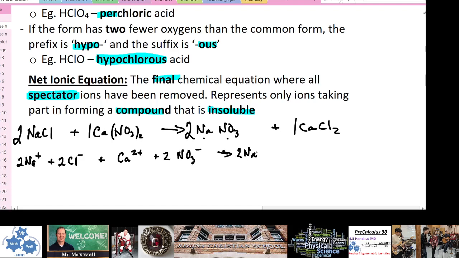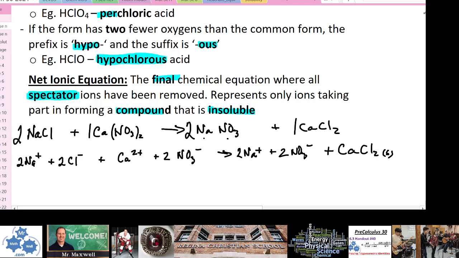So 2Na plus, 2NO3 minus. Now CaCl2, that's going to be only slightly soluble. So we actually have CaCl2, and we're going to say that's going to form a solid in these conditions at this temperature.